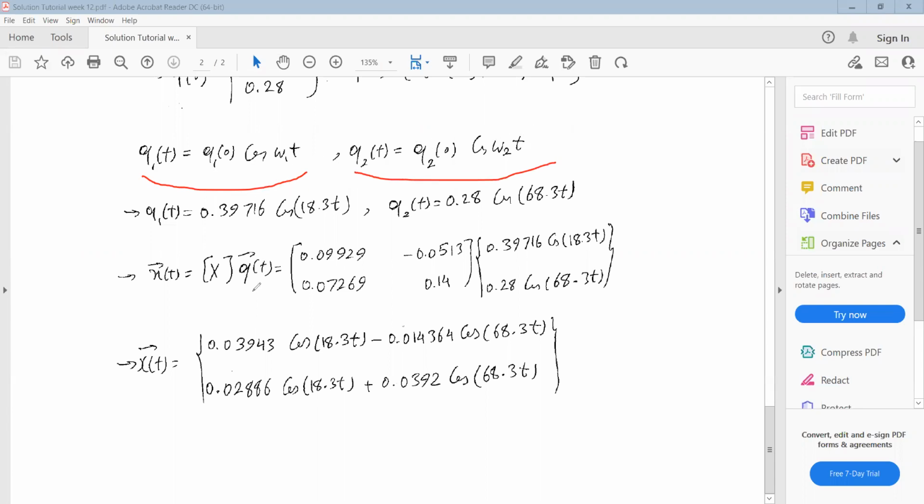Then by using matrix and vector algebra, you can extract the response for x(t), which is equal to the modal matrix multiplied by q(t). We have q1 and q2, so you only need to multiply the modal matrix by q1 and q2 and calculate the response for x(t).